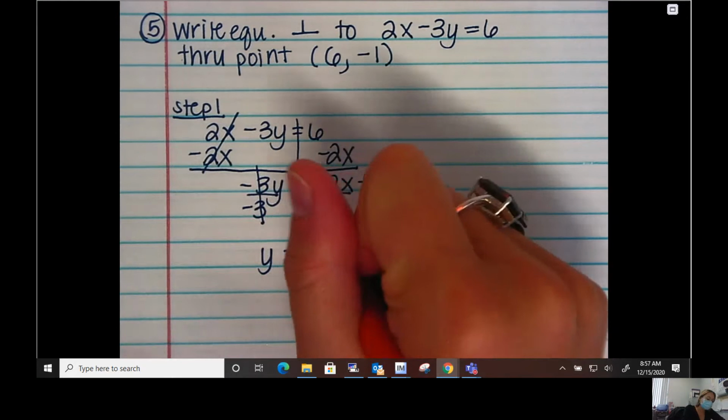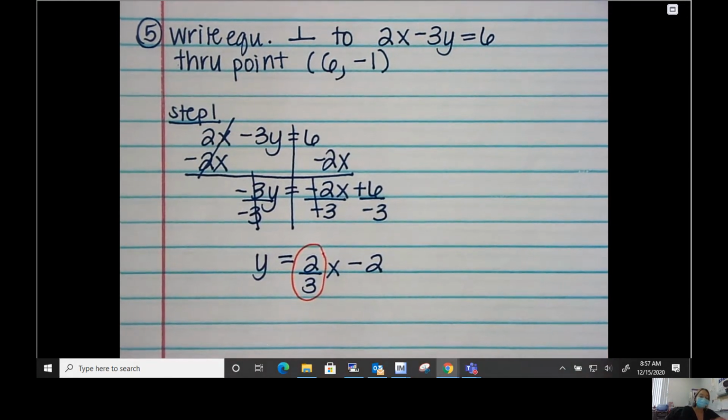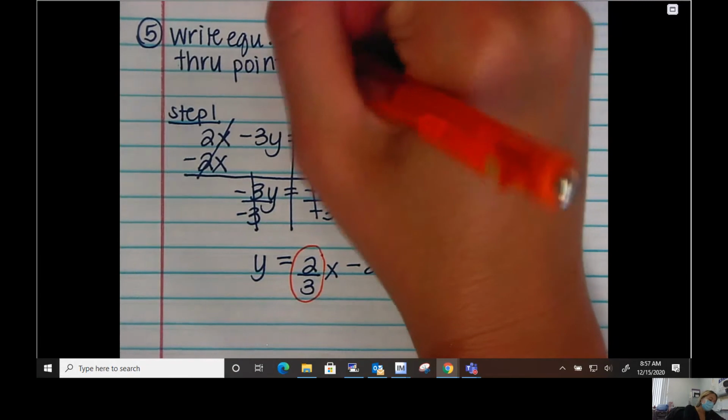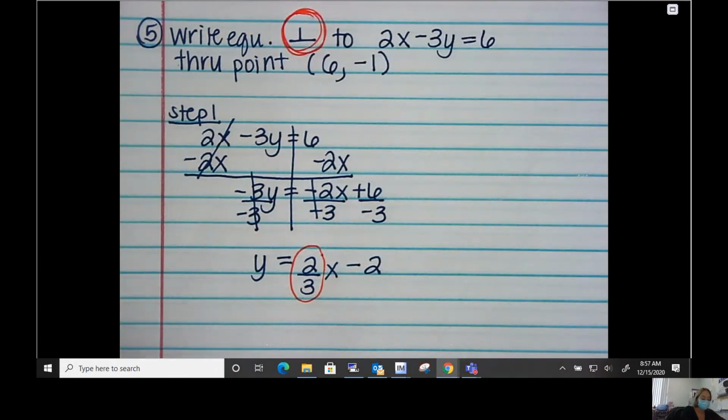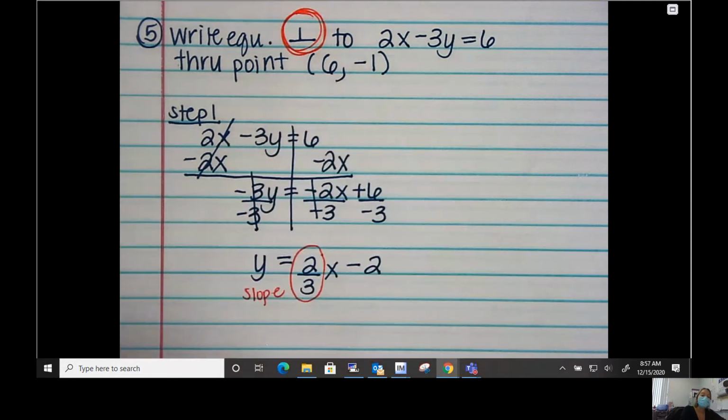2 over 3. Now, it asks you to write the equation of a line perpendicular to this one. So, should you keep the same slope, or do you need to change it? Why do I need to change it?